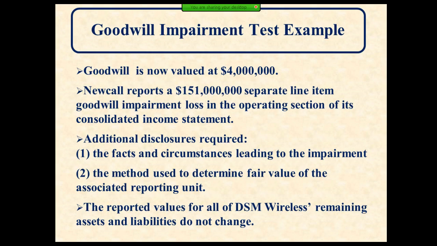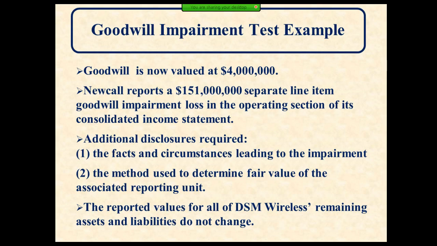So instead of having this huge asset sitting on our books, Goodwill, now it's down. The value now is only 4 million. And so New Call needs to show a 151 million Goodwill impairment loss in the operating portion of the income statement.